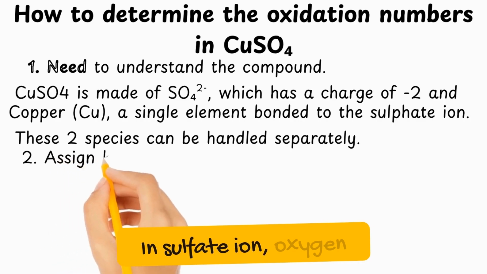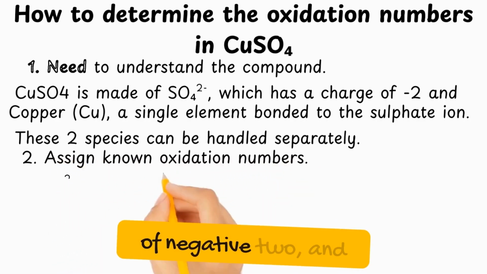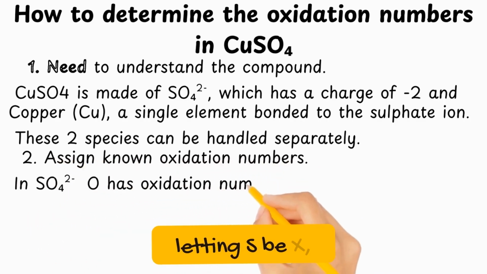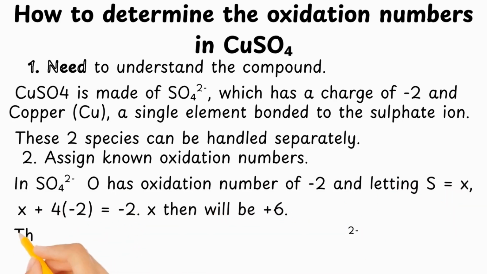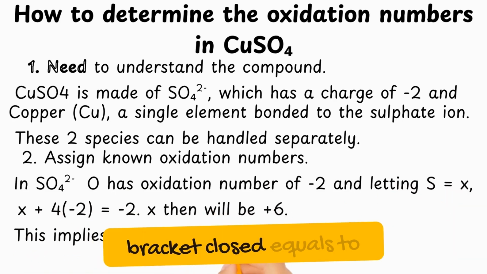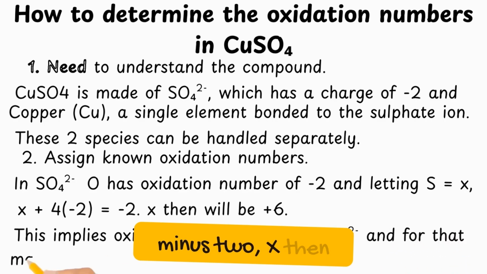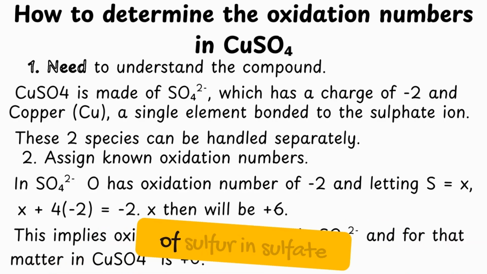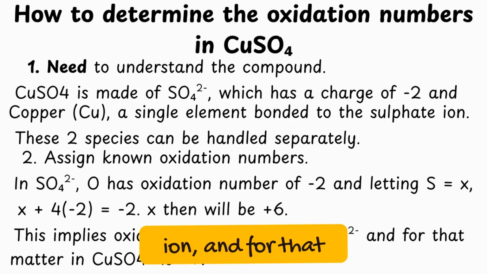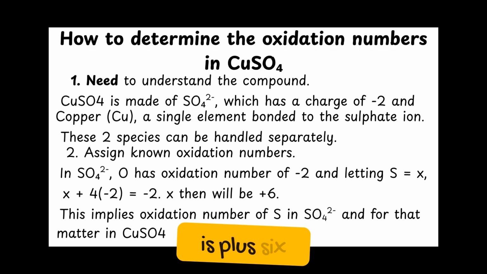In sulfate ion, oxygen has an oxidation number of -2, and letting S be x, we solve x + 4(-2) = -2, so x is +6. This implies the oxidation number of sulfur in sulfate ion, and for that matter in copper sulfate, is +6.